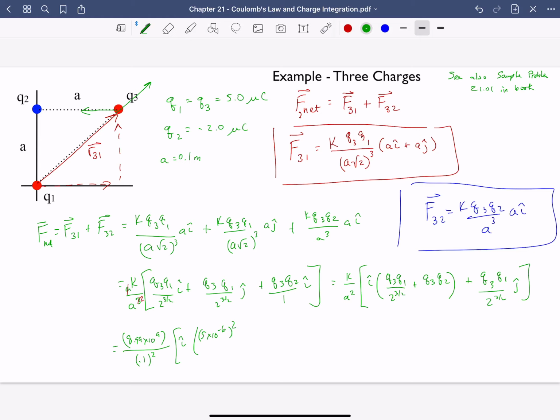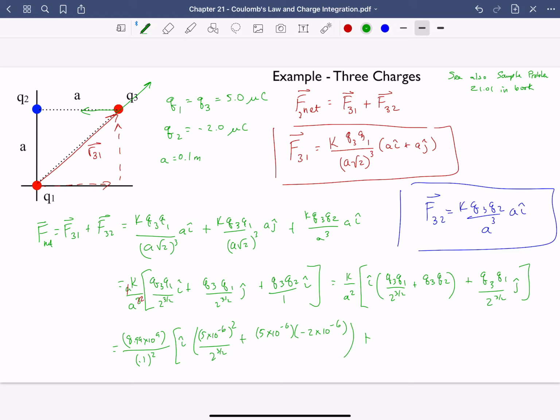So I'm just going to square that over 2 to the 3 halves plus Q3, 5 times 10 to the minus 6, times Q2, and this is where we need to be careful. Q2 is a negative charge, so minus 2 times 10 to the minus 6 coulombs. So that's that.